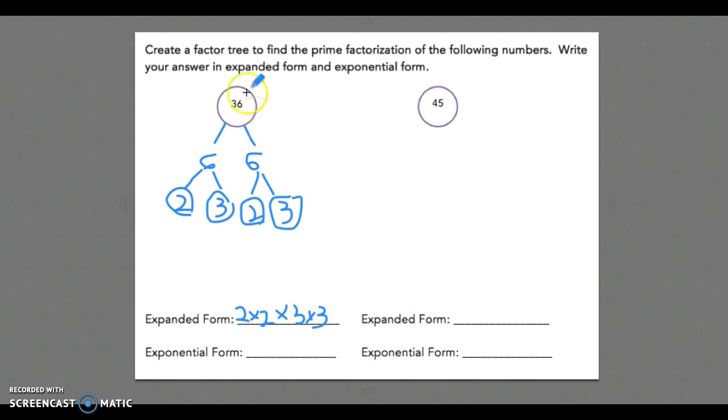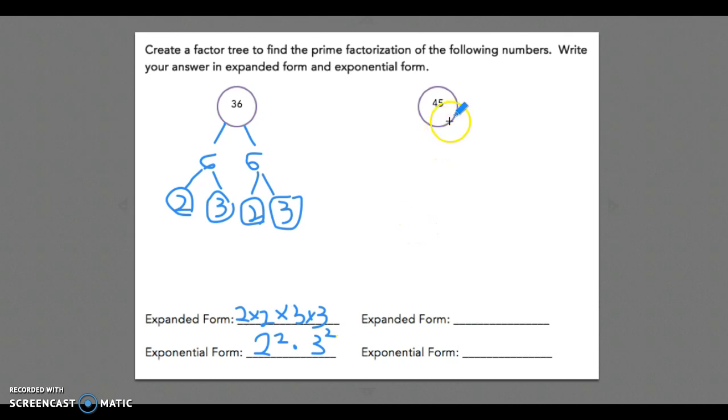Again, if you broke this down into 4 and 9 or 3 and 12, you'll still get the same expanded form. Exponential form: 2 is my base number, and there's 2 of them, so it's 2 squared, times 3 is my base number, and there's 2 of them, so 3 squared.